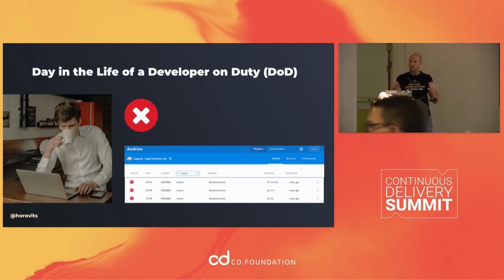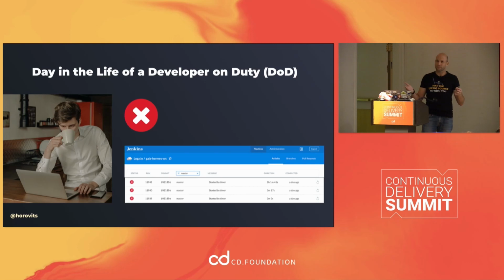And when I say go into the different runs, we have the back-end pipeline, we have the front end, we have smoke tests, different pipelines, and you need to start comparing to understand the patterns across the runs, across branches, and so on. Also, without any easy way to compare with historical pipeline runs. So I see some nods here, so I guess I'm not the only one who experienced that.